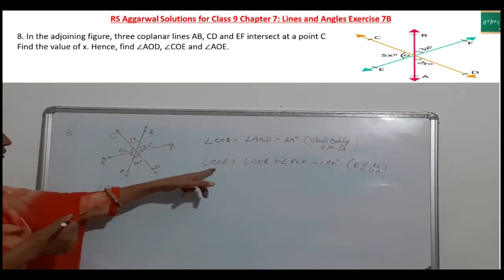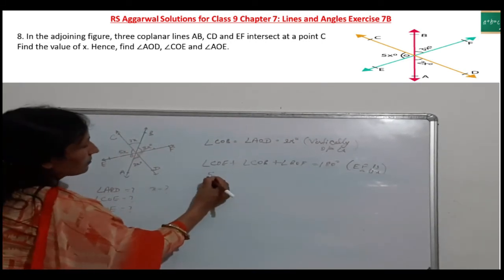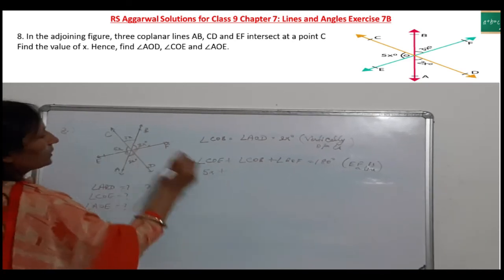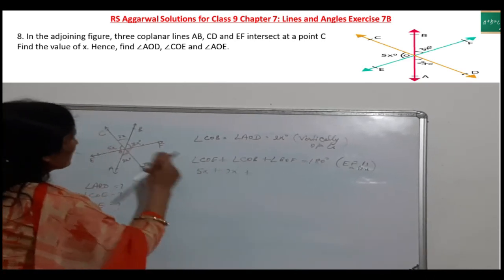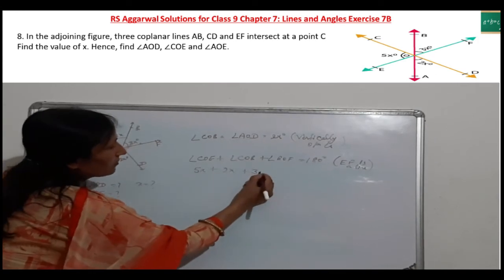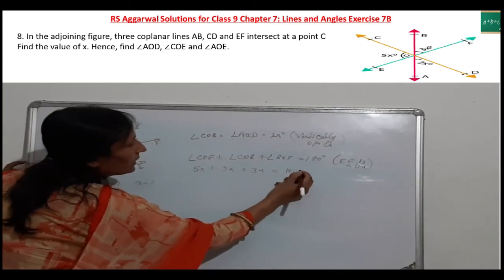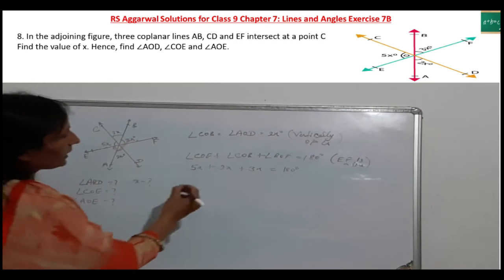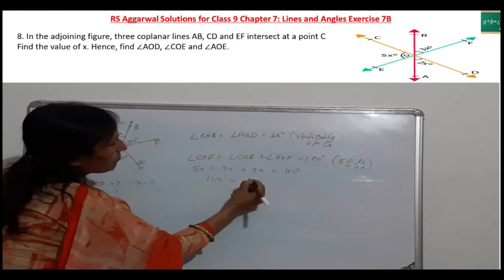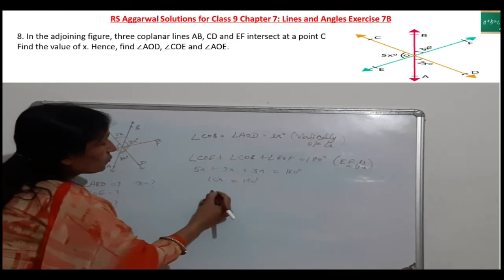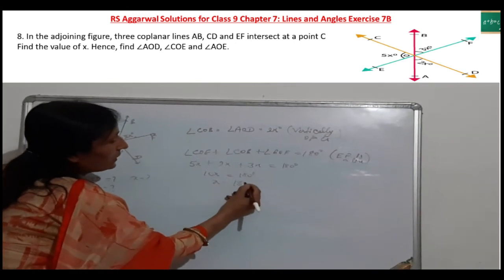The value of COE is 5x plus COB 2x plus BOF 3x is equal to 180 degrees. So 5 plus 2 is 7, 7 plus 3 is 10. 10x is equal to 180 degrees. So x is equal to 18 degrees.